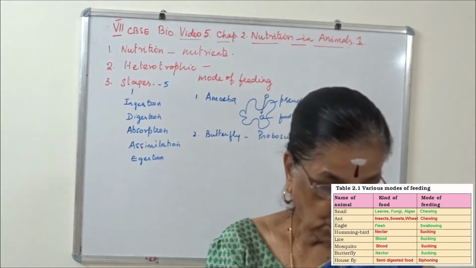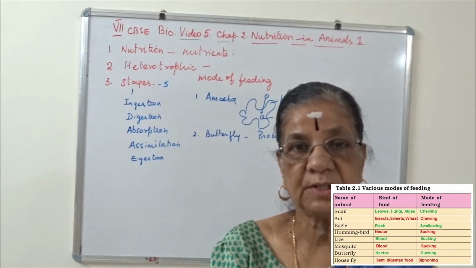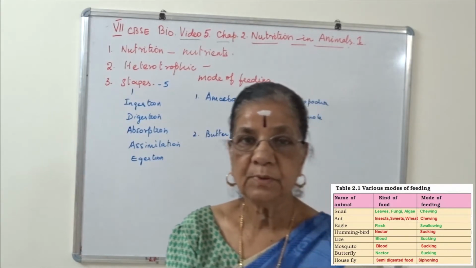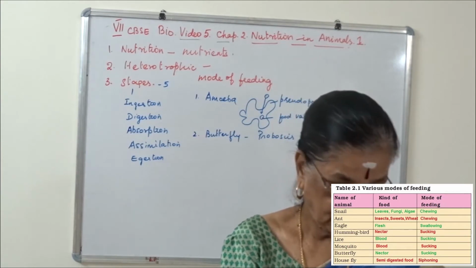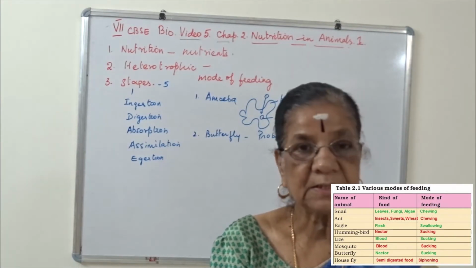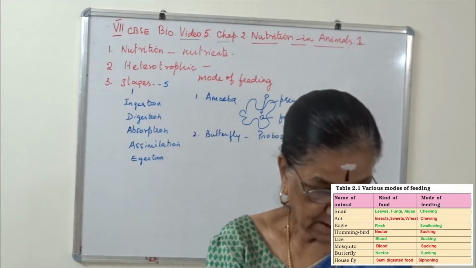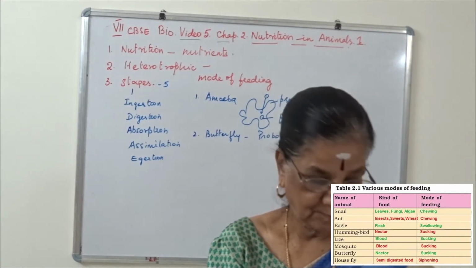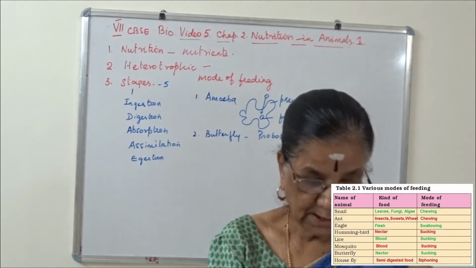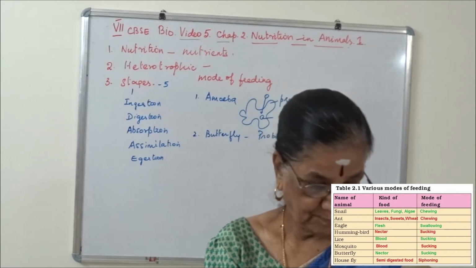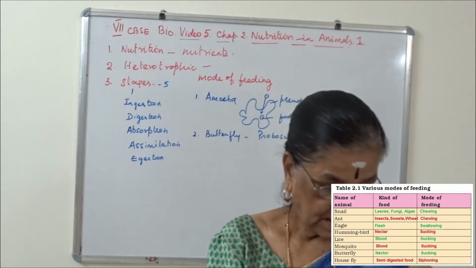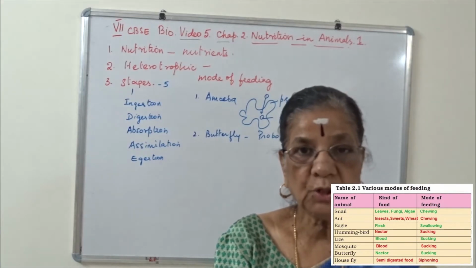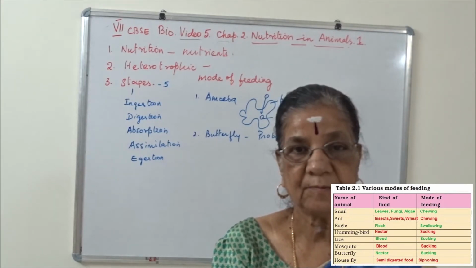Hummingbird, small insects, capturing. Lice, blood by sucking. Mosquito, blood by sucking. Butterfly, nectar by sucking. And housefly, sugar by sucking.